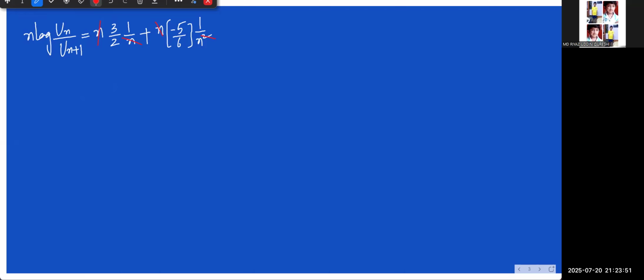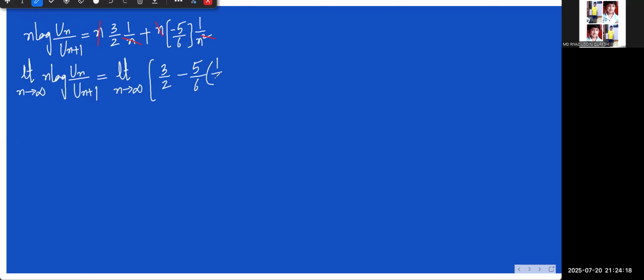Now finally take the limit n tending to infinity, n times log un/un+1 value is equal to limit n tending to infinity 3/2 minus 5/6 into 1/n, and so on.